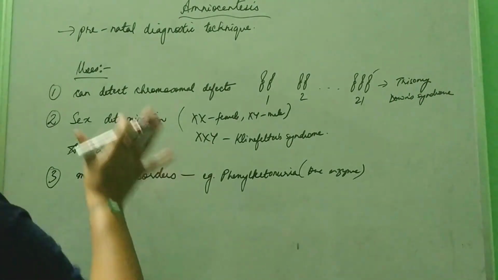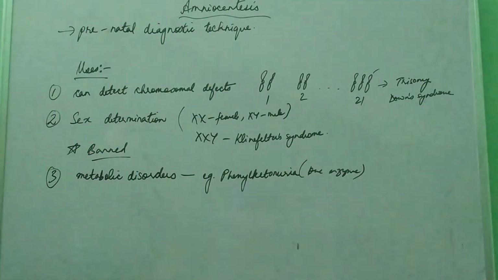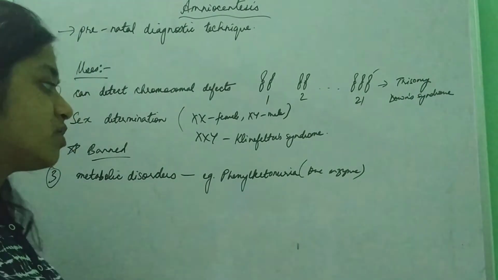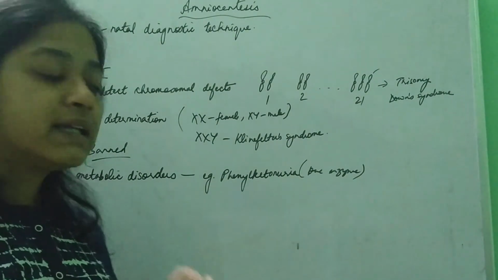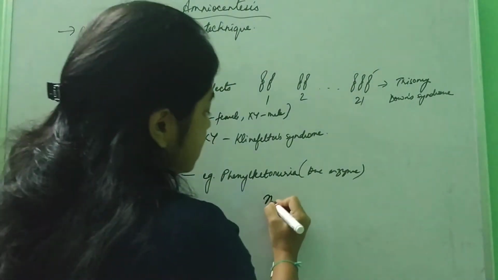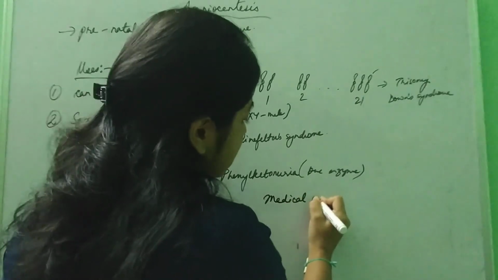So these are mainly the uses. Now during amniocentesis, if something very dangerous is detected, which can be dangerous for the baby or the mother, or both, then medical termination of pregnancy is done.